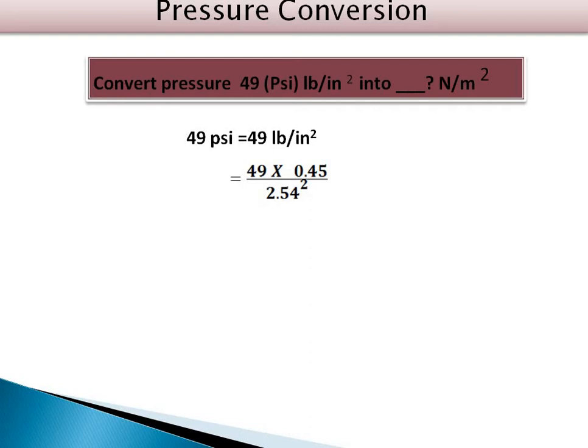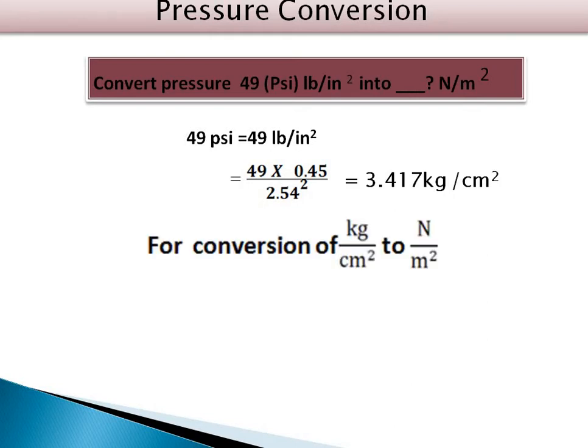Okay, so the 49 psi is converted into kg per centimeter square by multiplying it with 0.45 and dividing it with 2.54 as a constant for the mass and for the distance respectively. So it becomes 3.417 kg per centimeter square. For conversion of kg per centimeter square to Newton per meter square, again as in the previous one, 1 kg is nothing but 9.81 Newton.